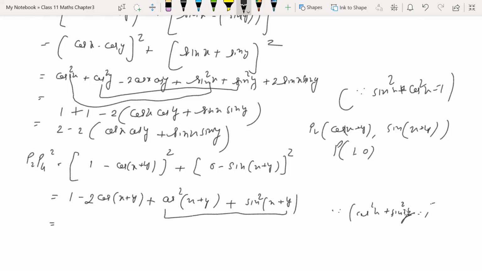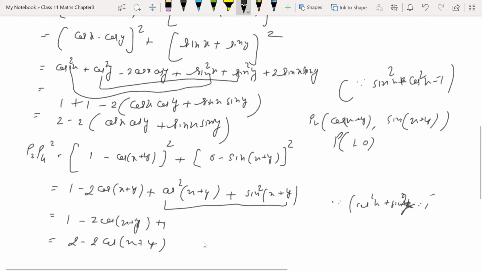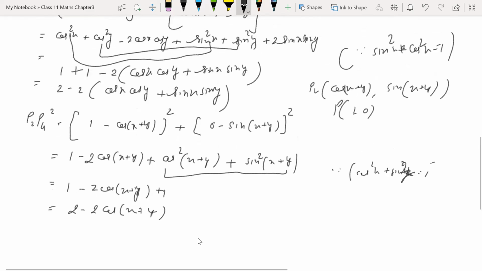So 1 minus 2 cos x plus y plus 1 becomes 2 minus 2 cos x plus y.